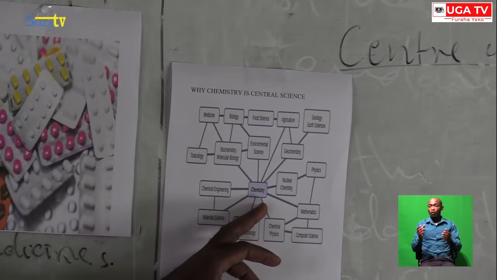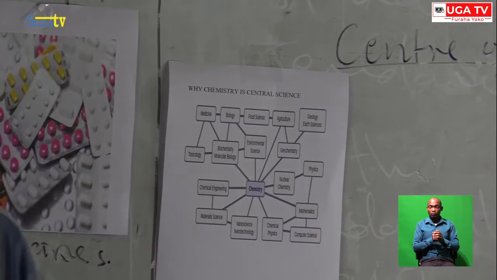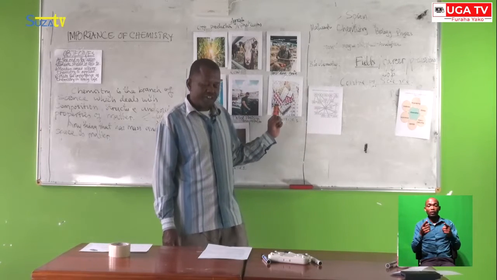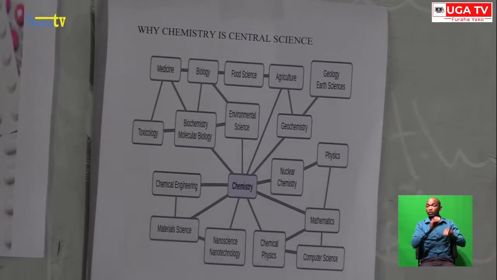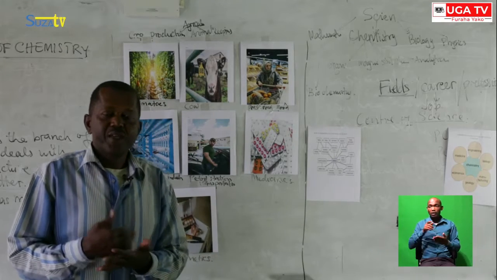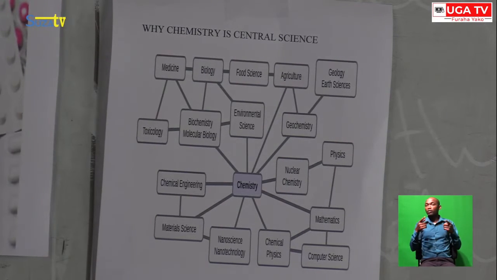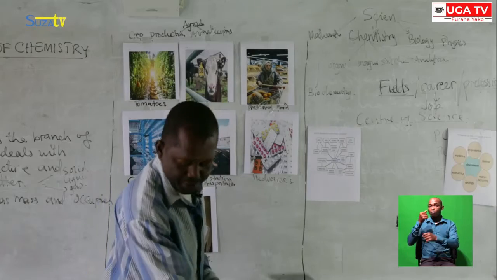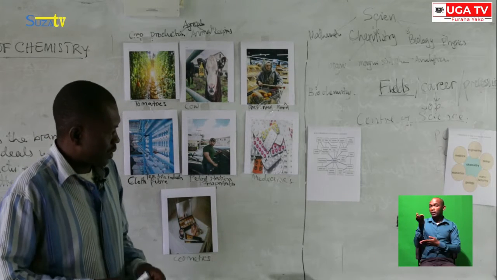We have chemistry as the center, as we said earlier, that chemistry is the center of sciences, and we have a lot of different fields that are related to chemistry as a science. You may see this picture and then try to explain how important chemistry is to the different fields. As homework, you have to answer the questions that I'm going to write there.